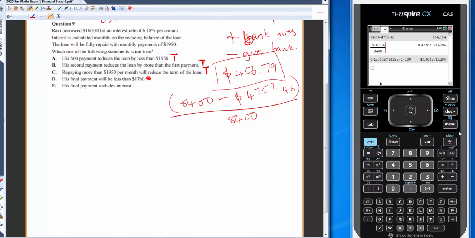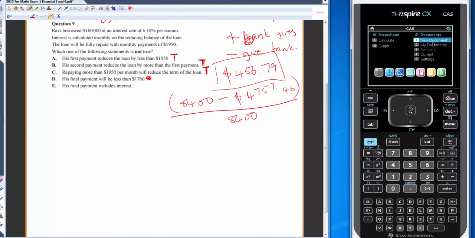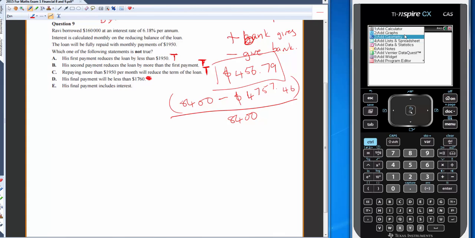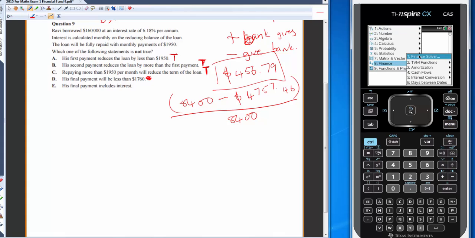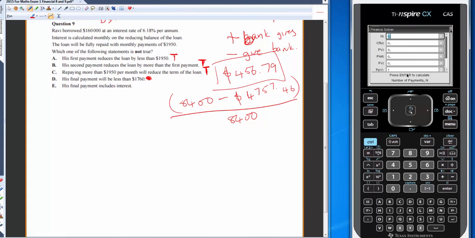So what we're going to do is go over to Financial Solver again. I'll start a new document, and it's a calculator, and we're going to go menu 8 to get into Financial Solver. We're going to look at the term of the loan, so how long it goes for, and it doesn't say, so that's unknown.